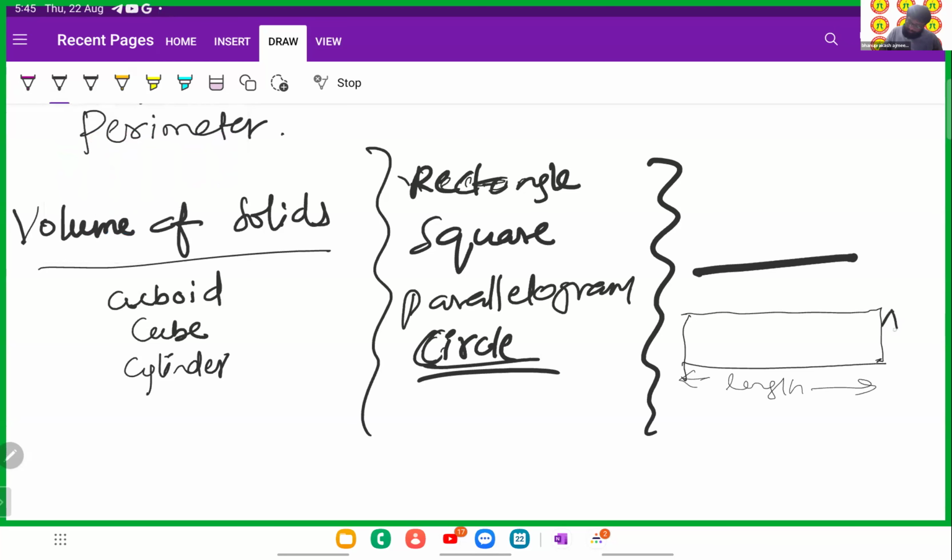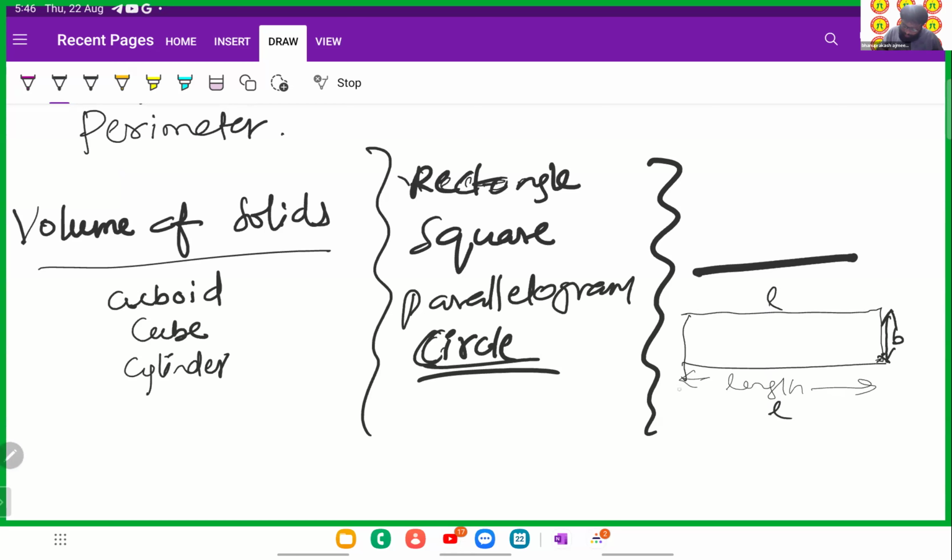This is breadth. I will denote breadth with B and length with L. These are common notations coming from ages. If I ask you to find the perimeter of this closed geometrical shape which has equal opposite sides, please note my words, equal opposite sides. Here it means length and length. This side is equal to this.